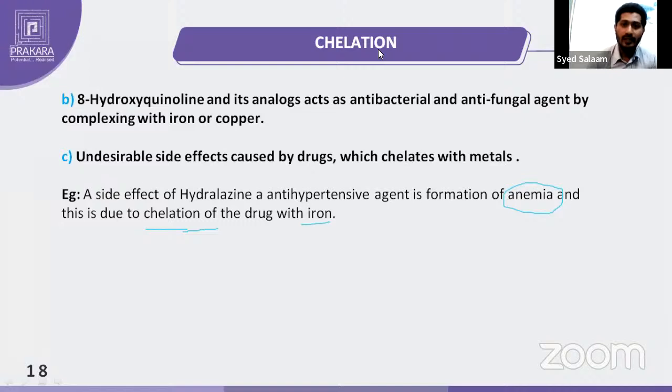Okay, so like if we take arsenic poisoning, if you're having it, this arsenic poisoning can be eliminated by complexing with various metals.